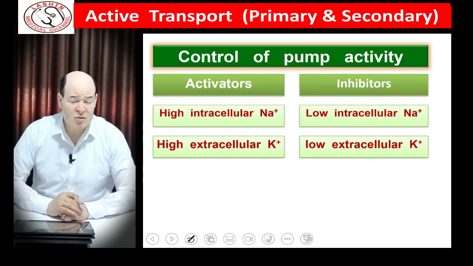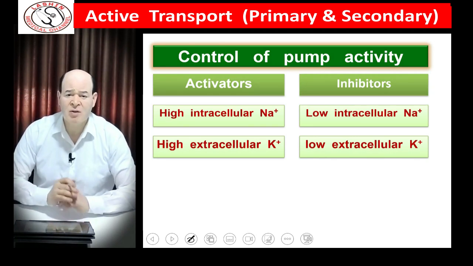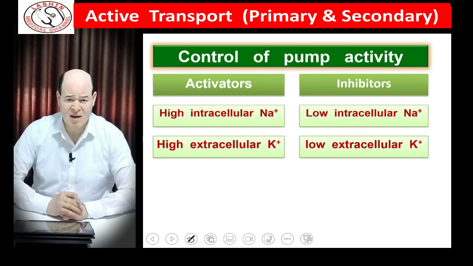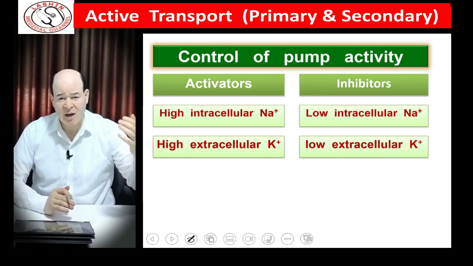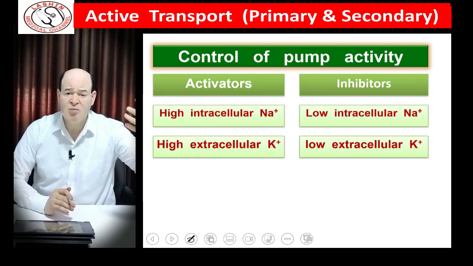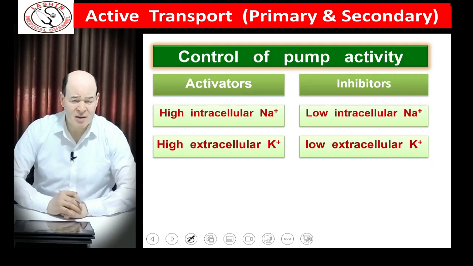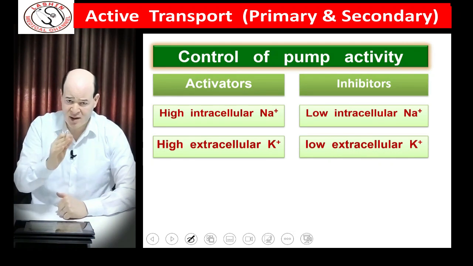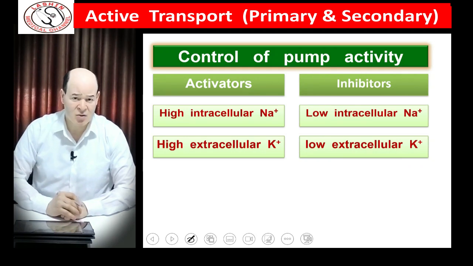High levels of sodium inside or higher levels of potassium outside urge the cell pumps to work in order to get rid of the excess sodium inside and the excess potassium outside in the plasma, which may be deleterious to many organs, especially the heart. So we can expect easily that high intracellular sodium and high extracellular potassium are activators, and the opposite is true.